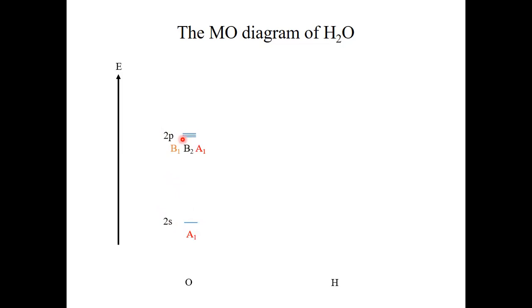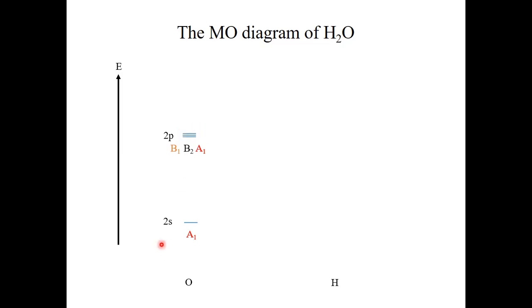We can either write the orbitals with 3 lines directly next to each other, or we can write these 3 lines on top of each other with a minimal distance in between them, in order to indicate that they have the same energy. What you also do is write the symmetry types of the respective orbitals.